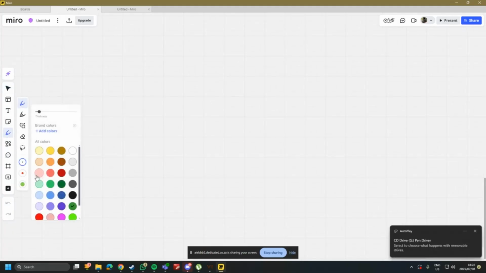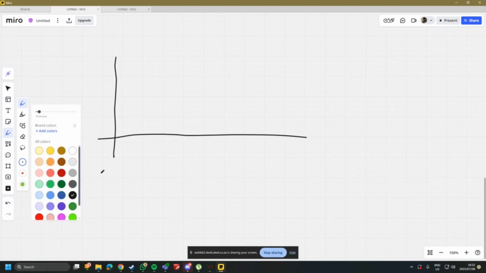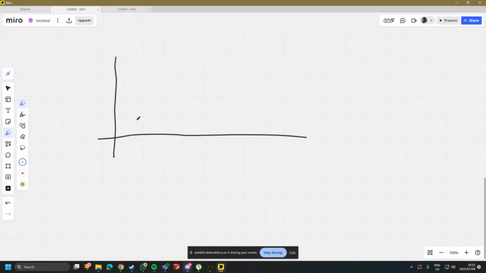So let's say the latching current of our SCR is, for argument's sake, 10 milliamps. So there's your axes, and the latching current of our SCR is around about there, maybe 10 milliamps.